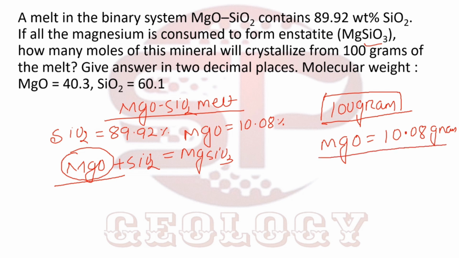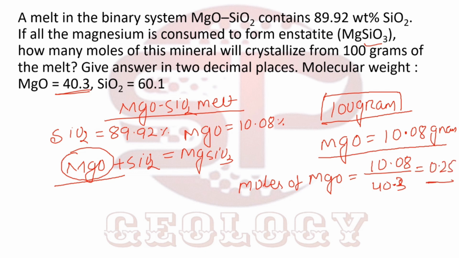So all the MgO is used to produce MgSiO3. One mole MgO will produce one mole MgSiO3 according to the reaction. So we have to find out the moles of MgO. Moles of MgO is given mass, that is 10.08, divided by the molar mass, 40.3, which will be 0.25.